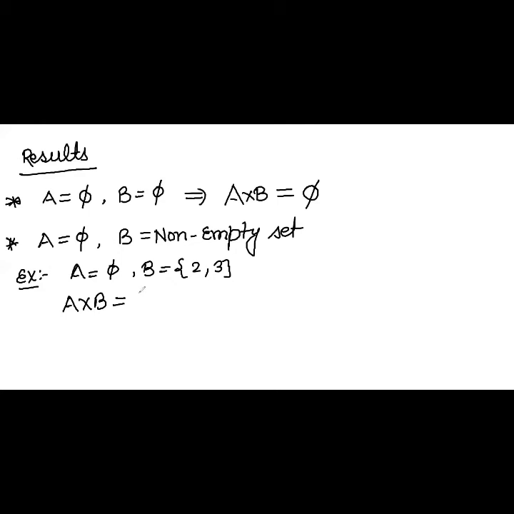So it will again be the empty set. Whenever one set is empty and another set is non-empty, we always get the Cartesian product equal to the empty set. So this is the second result. Or we can write B cross A equals φ.